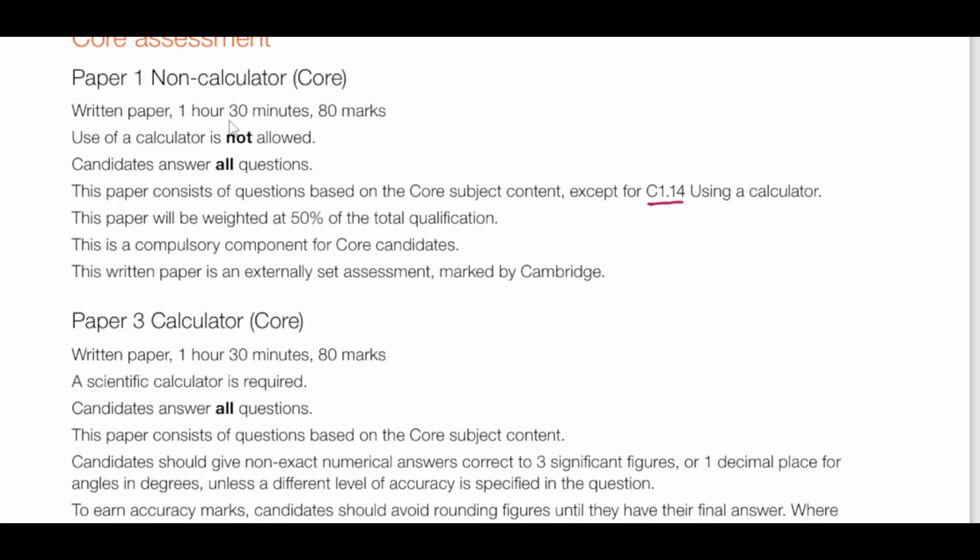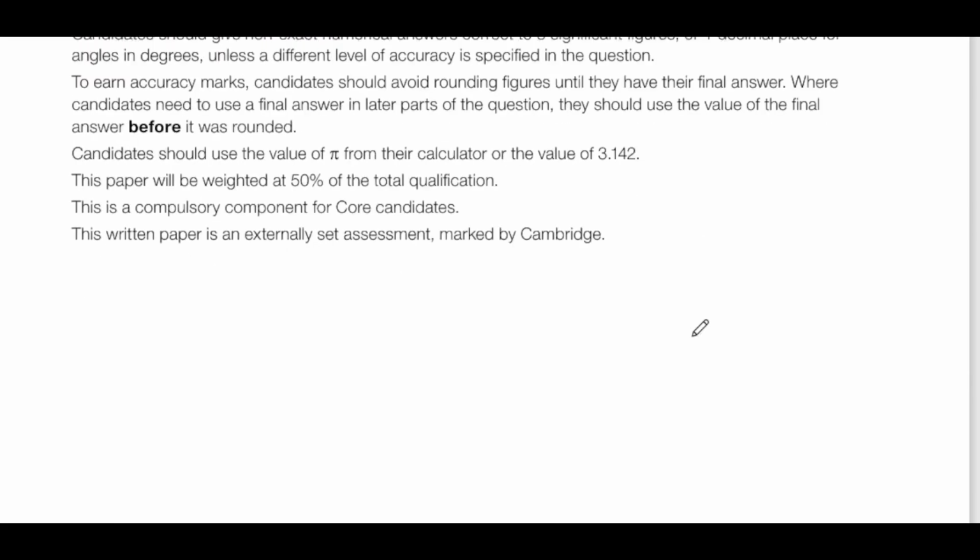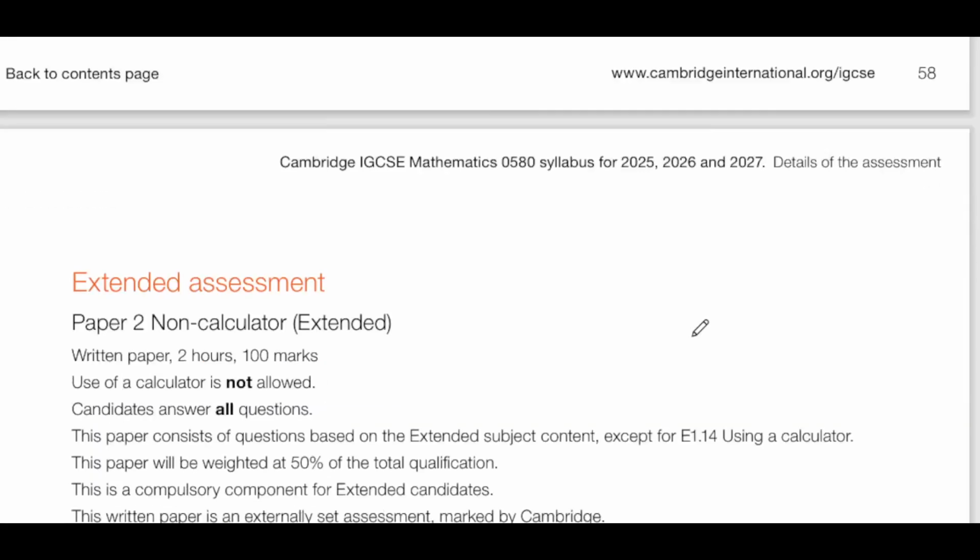Then weightage is 50% of the total qualification, and this is a compulsory component for core candidates. The paper is externally set, assessed, marked by Cambridge. So all the papers are assessed by Cambridge. They come from Cambridge and they go back to Cambridge to be marked, right? Similarly for other papers, it has been explained, you can go through that.